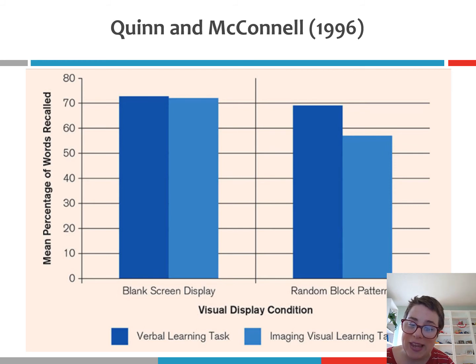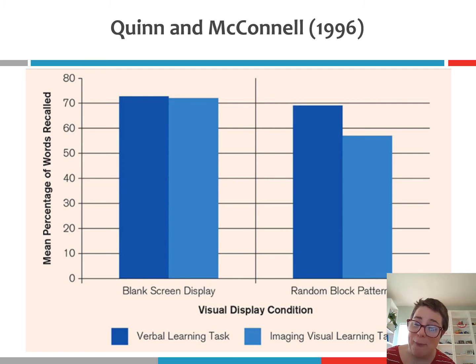So how do we explain that in a way that seems to support Baddeley and Hitch's model? Well, that random block pattern: where is that information going in our working memory system when those random block patterns are presented? Well, it's a visual pattern, which means that information is going to be shuttled into your Visuospatial Sketchpad.